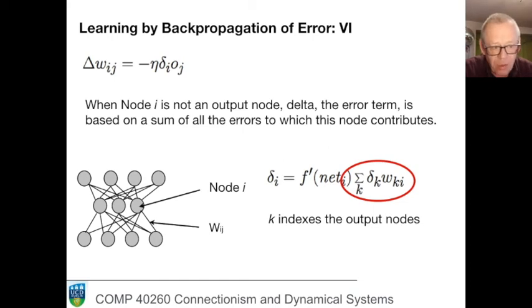K indexes those output units. Each of those had an error term, which was the actual error multiplied by the derivative. So we take the delta for each of the output units, multiply it by the weight that connects back to the hidden unit in question, and sum all those up.